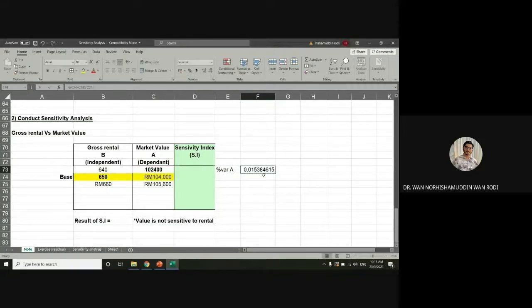Then you enter. So the result suggests an amount of 0.0154.